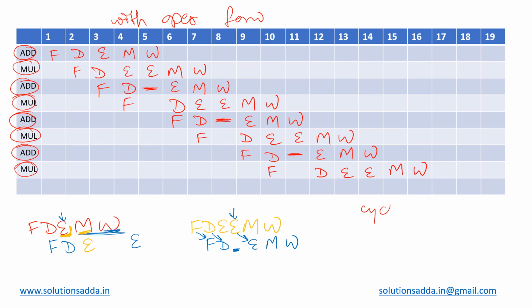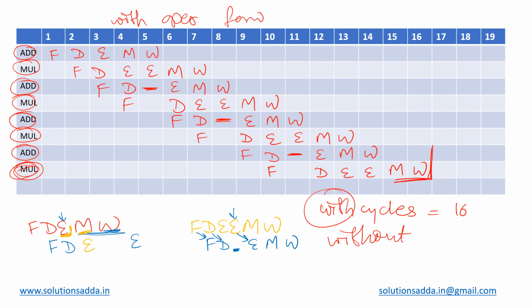And how many cycles did it take this time? It took just 16 cycles, because we were able to write back the last instruction, the mul instruction, in the 16th cycle itself. So with operand forwarding, it took only 16 cycles. And without operand forwarding, as we previously saw, it took 30 cycles.